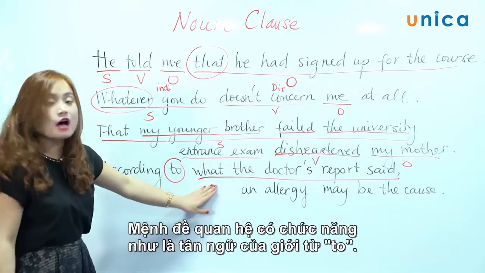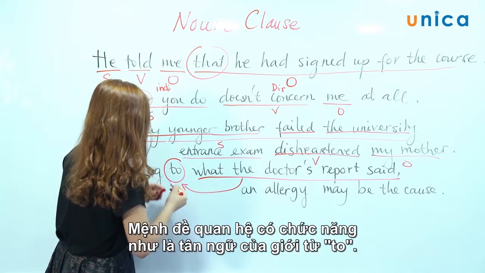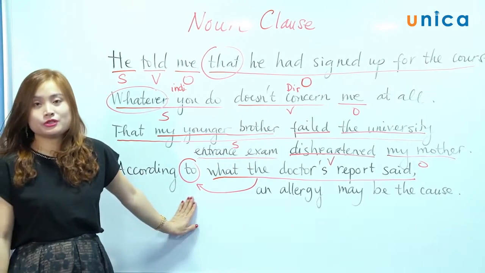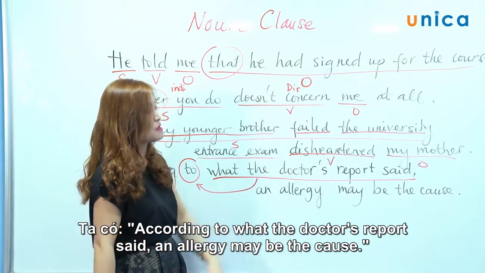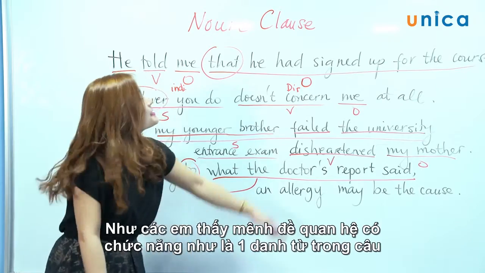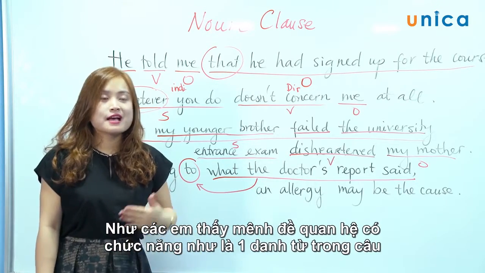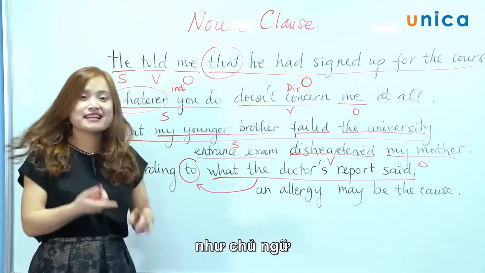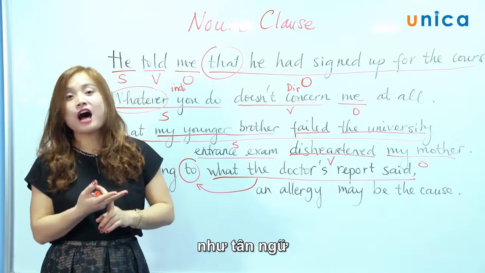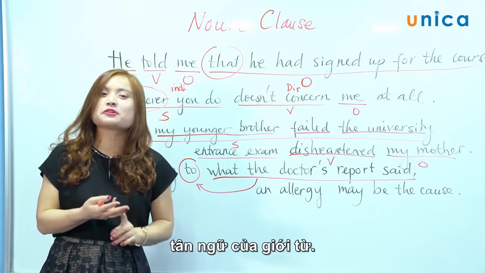So this noun clause functions as the object of the preposition to. So see, noun clauses can function as nouns in a sentence. Again, as the subject, as an object, as an object of a preposition.